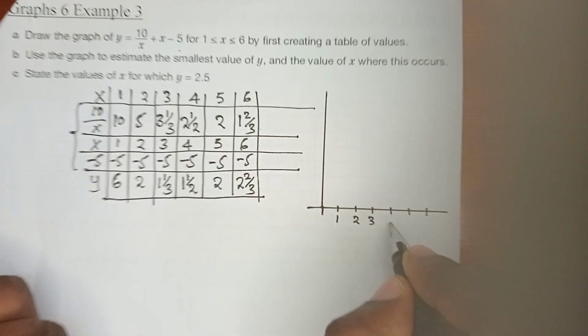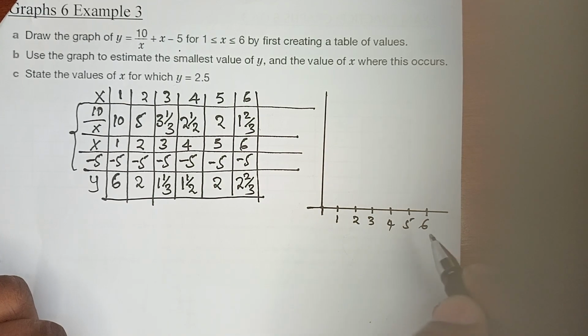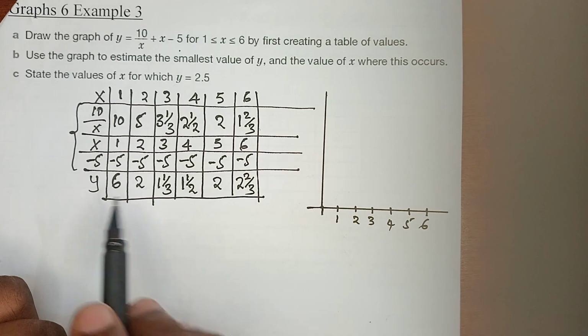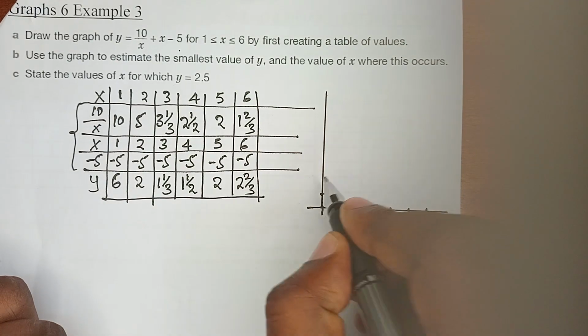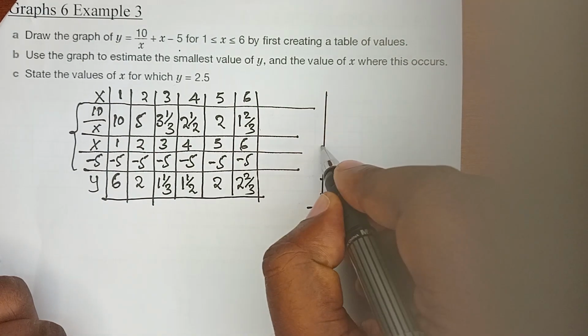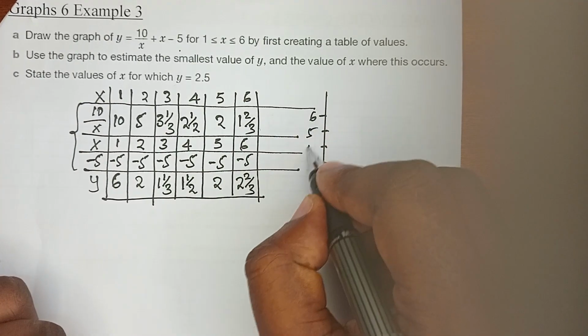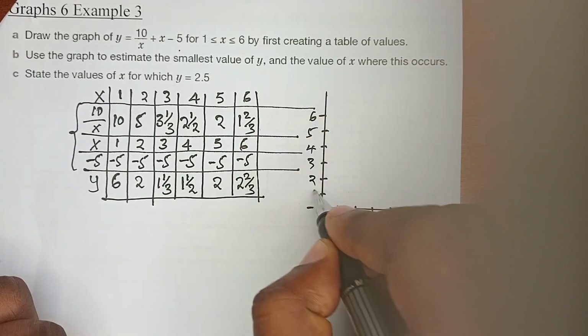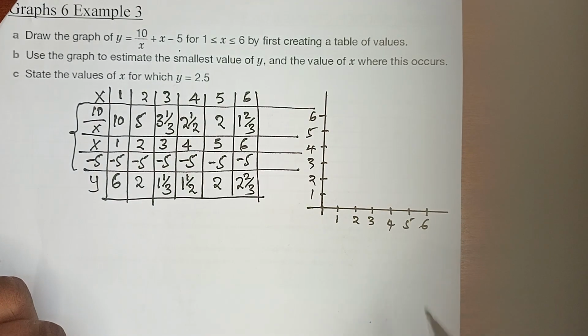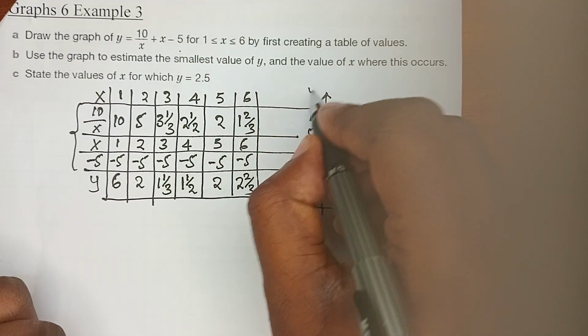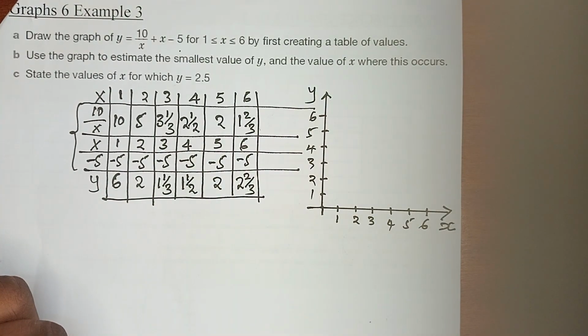Those are the values of x. The highest value of y is 6, so we have 1, 2, 3, 4, 5, and 6. These are now the values of y. Having said that, now let us plot the graph.